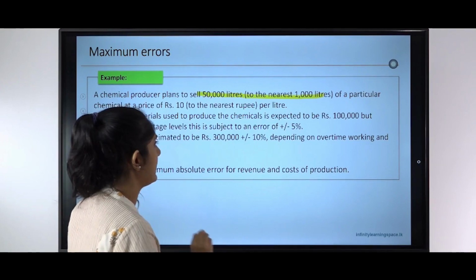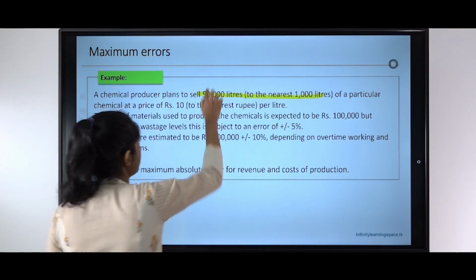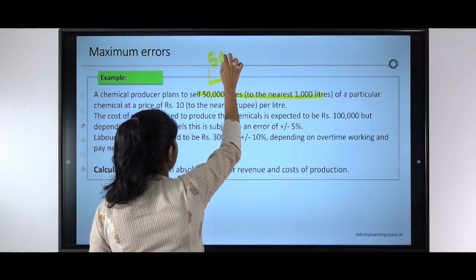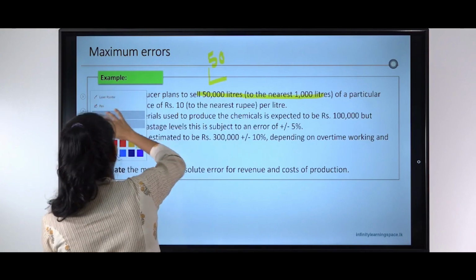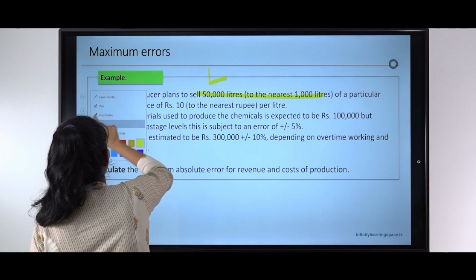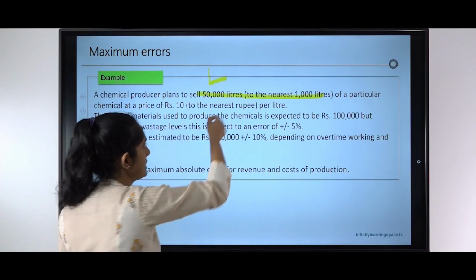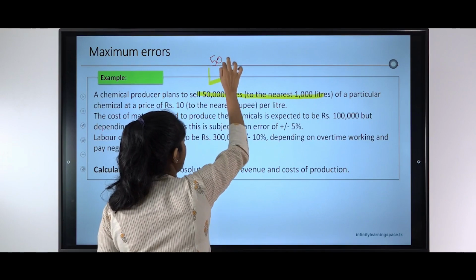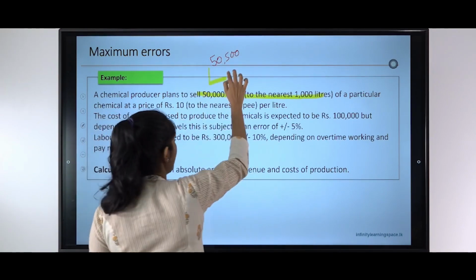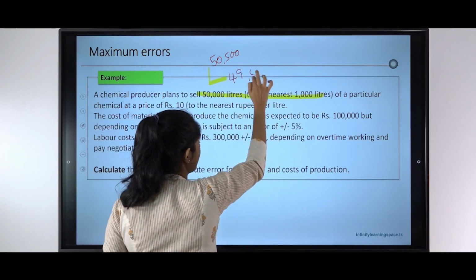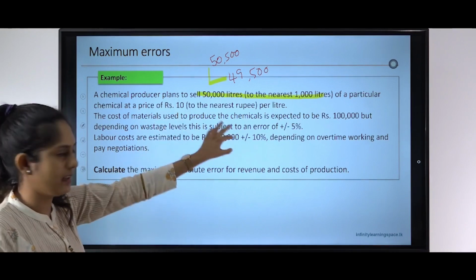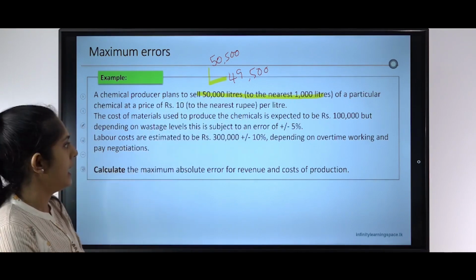So it could have been 50,000 liters, which was actually 50,500. I could have brought it down to 50,000, or it could have been 49,500. I could have taken it up to 50,000, right? There's an error, something rounded off.